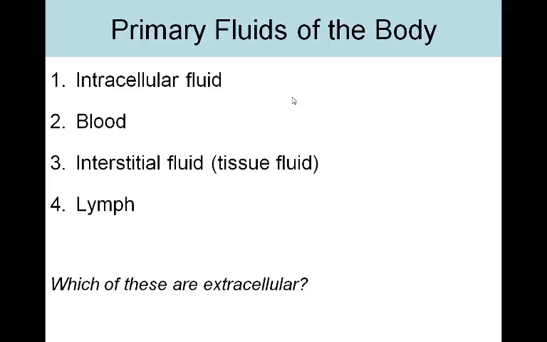They're found outside of cells. Blood is the one that we're going to talk about today. I wanted to briefly mention interstitial fluid. This is going to be a sort of clearish fluid that we find between the cells of our body, inside of our tissues. Lymph is actually just interstitial fluid that has moved out of the tissues and into the lymphatic system, the drainage system of the body.